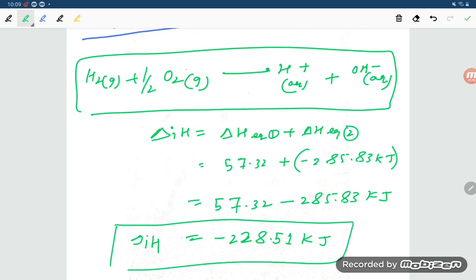This is the ionization enthalpy. Right, students? So this is our required answer, and that is how you have to calculate the ionization enthalpy.